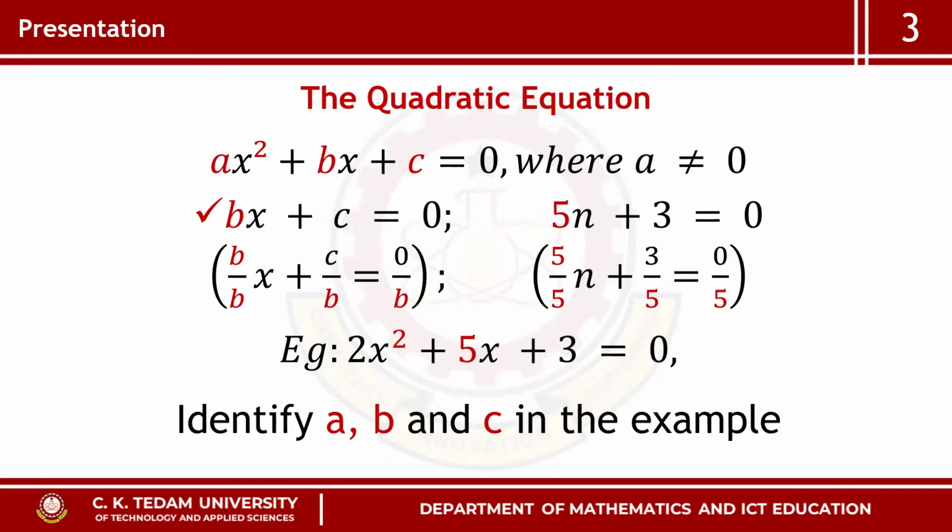ax squared plus bx plus c equals 0, as demonstrated on the screen. And we say that a is the coefficient of the quadratic x. The quadratic x is the one with x raised to the power 2.